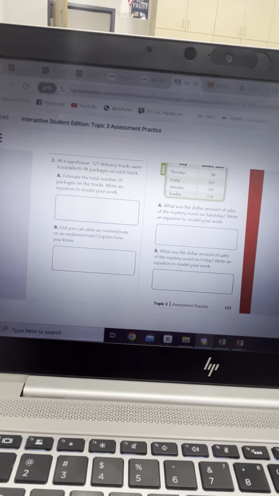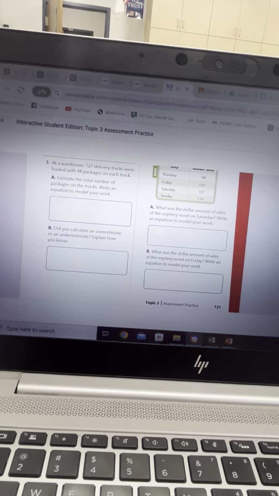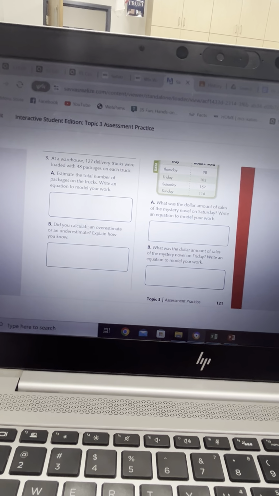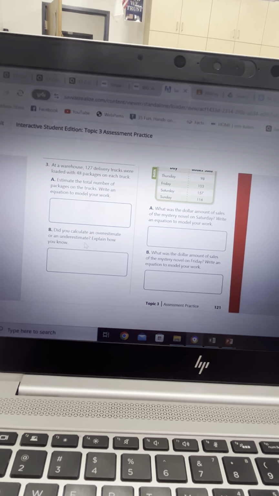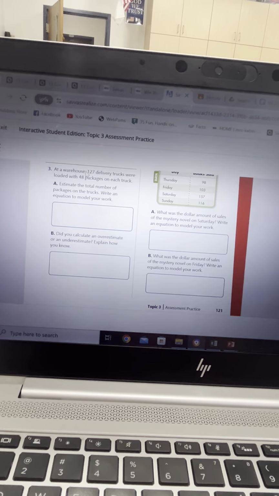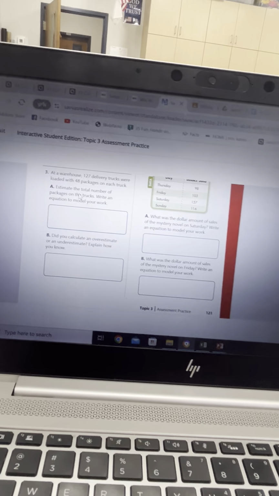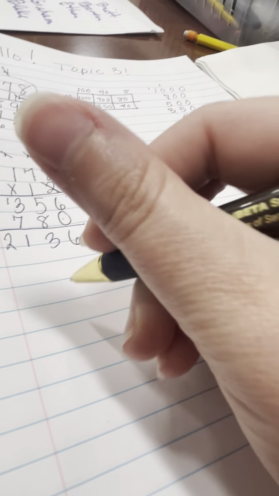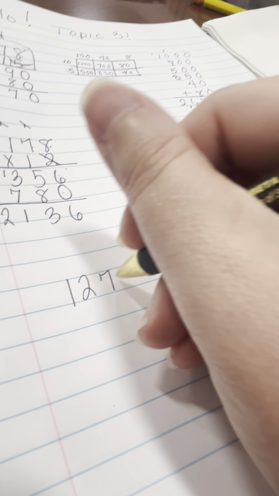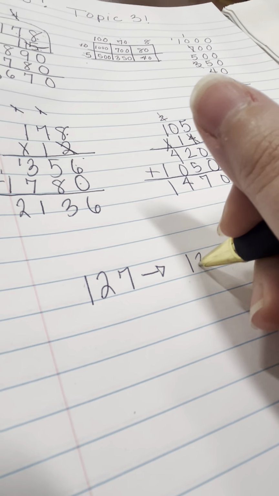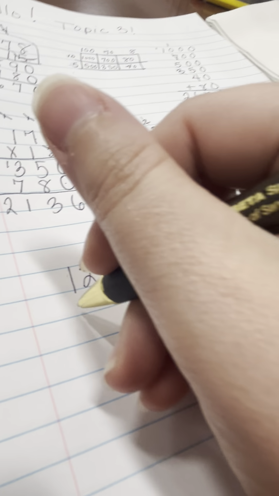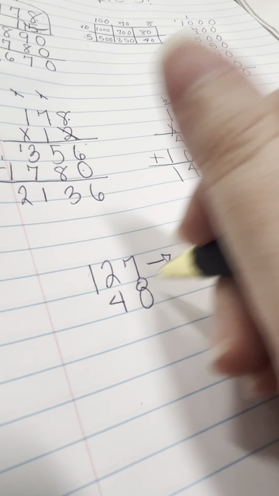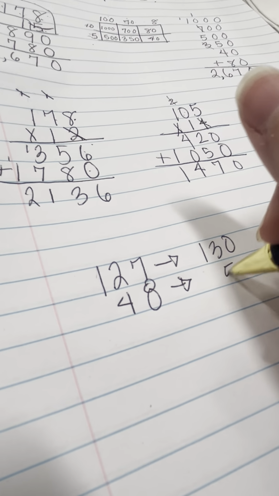All right, number 3. We have an estimation problem and then calculate if we overestimated or underestimated. So this one says estimate the total packages. I told the kids they had 2 different answers. If they rounded to the nearest 10, 127 would round to 130, and 48 would round to 50.